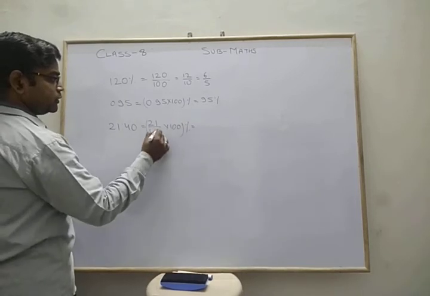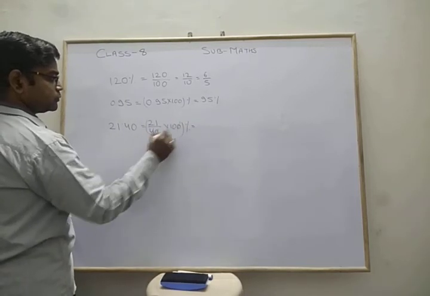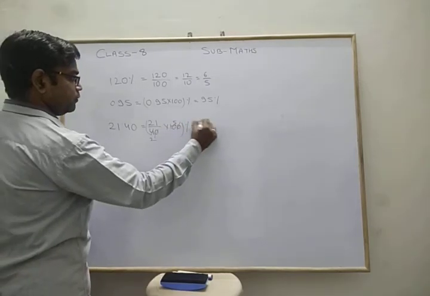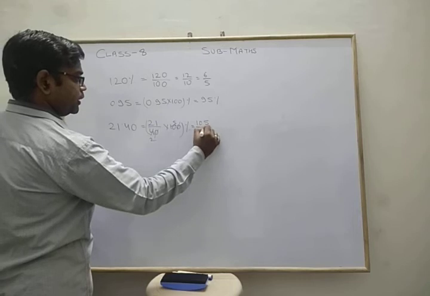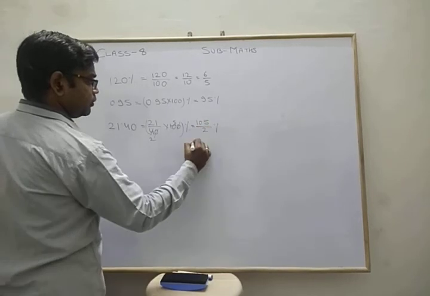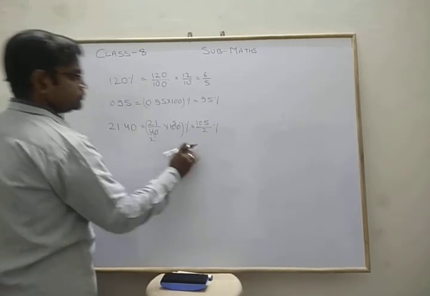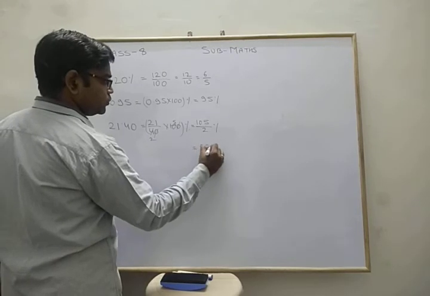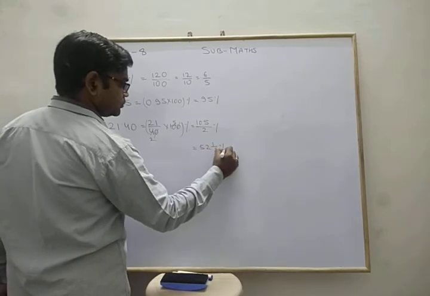We must solve this one. It is near about 52.5%, or we can say 2 5s are 10, 2 2s are 4.